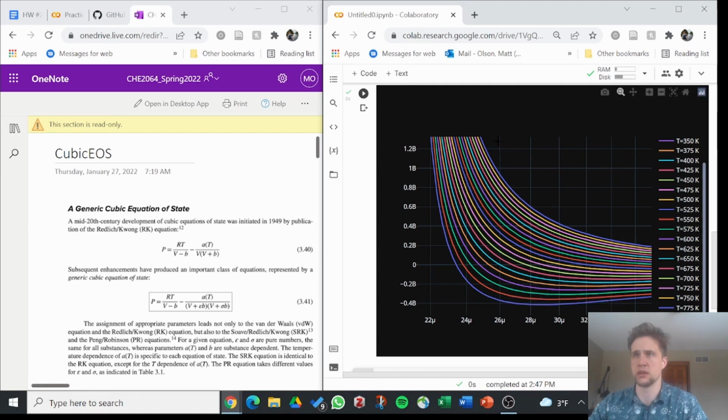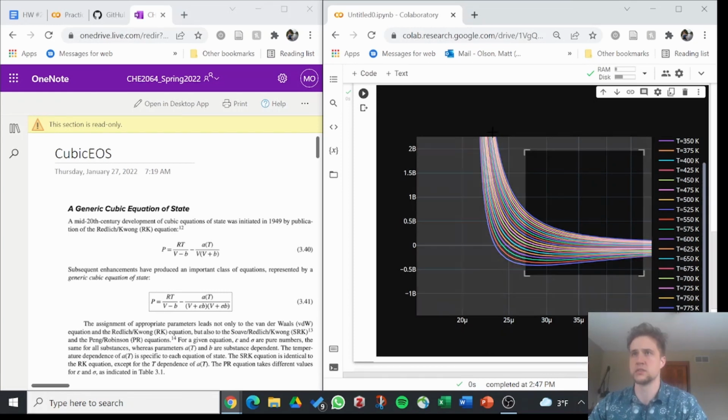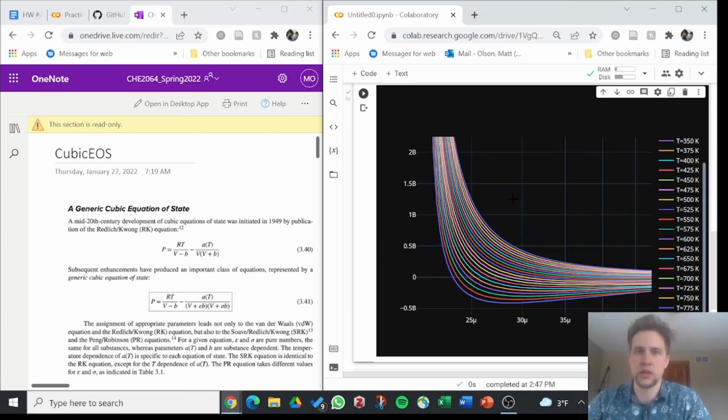So if we keep zooming in here, we're going to be able to see all of this incredible activity happening. And so this right here is having calculated and plotted our isotherms, our array of isotherms for water using the SRK equation of state.